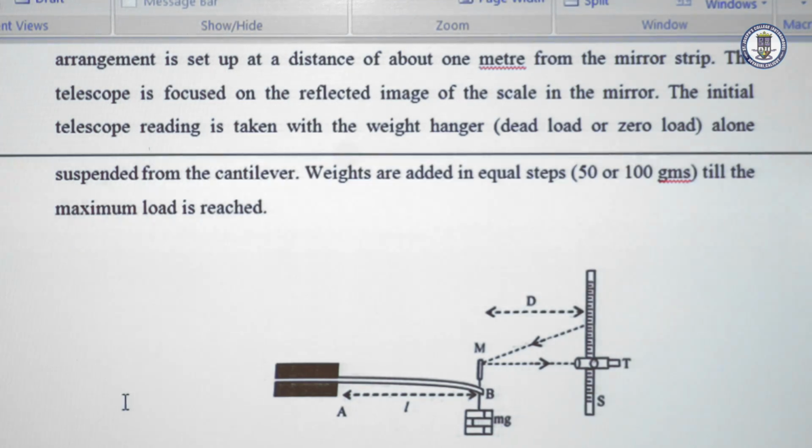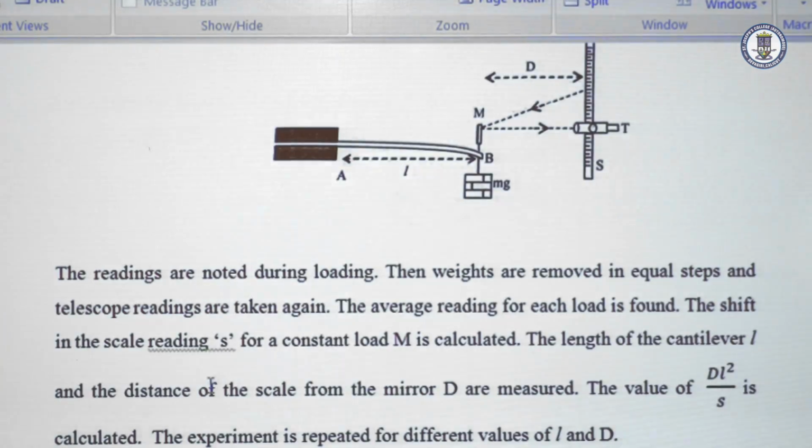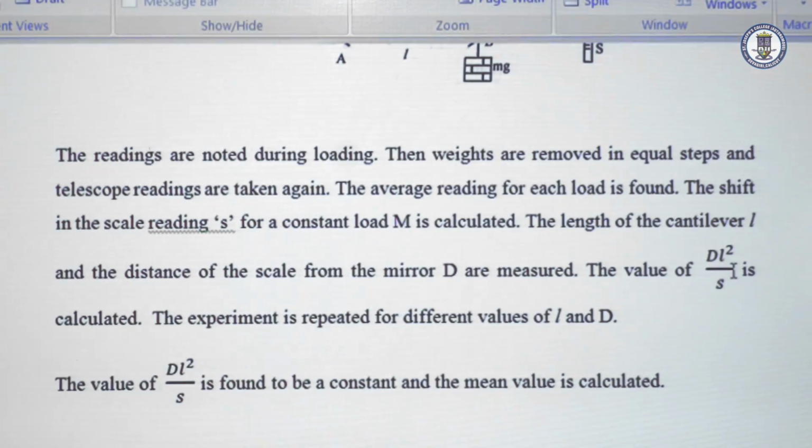So we note the deflection on the telescope for a mass W0 or initial dead load, then for a given mass m, then repeatedly we add masses one by one, and each time we note the scale reading with the help of the telescope, and we repeat the experiment. Then from that we determine the value of D L squared by S.